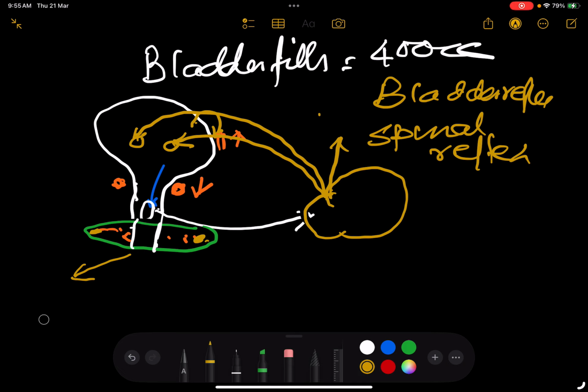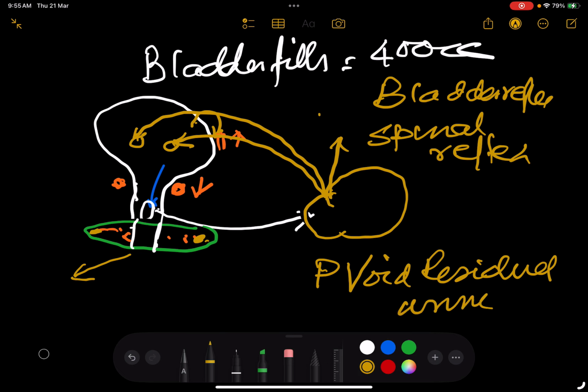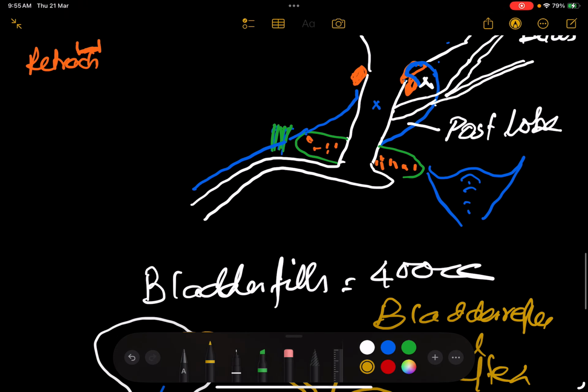Now this is the reason why the post void residual urine is always less than 100 cc. If it is more, that simply means that this mechanism of complete evacuation is not working properly.